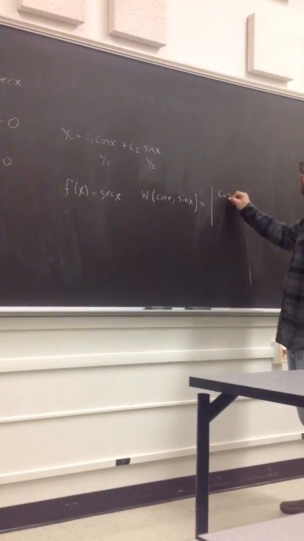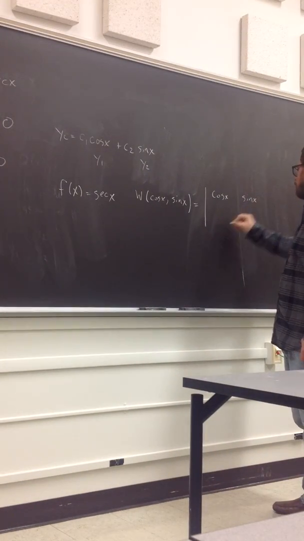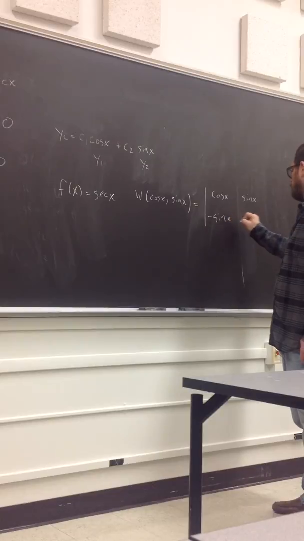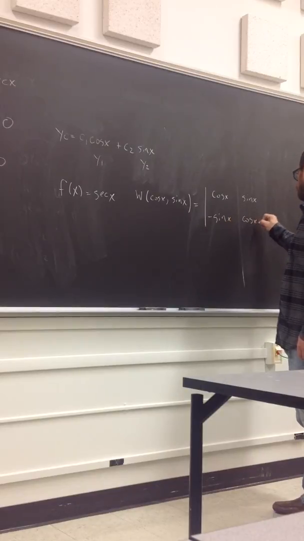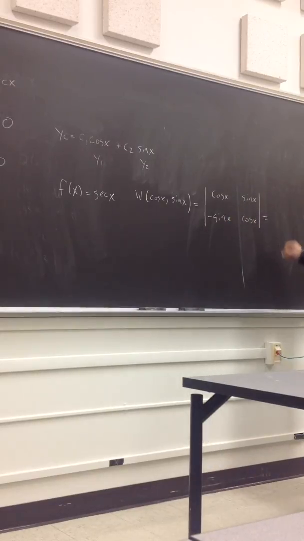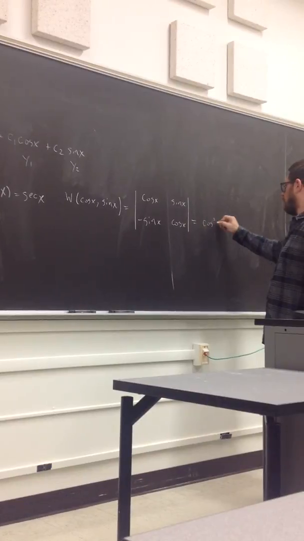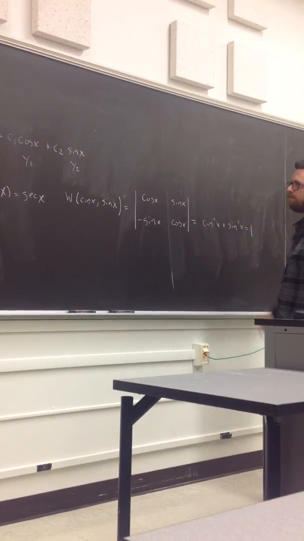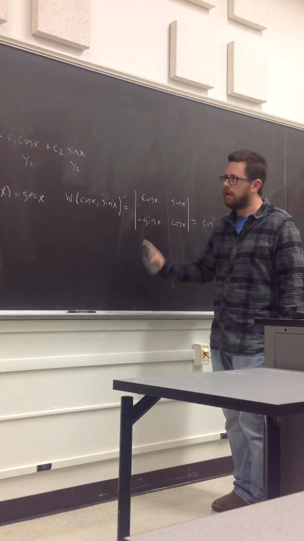So this is cosine x, sine x, minus sine x, and cosine x. Okay, so it's cosine squared minus negative sine squared, so cosine squared plus sine squared, 1. Okay, so this is all that we need to use the formula.